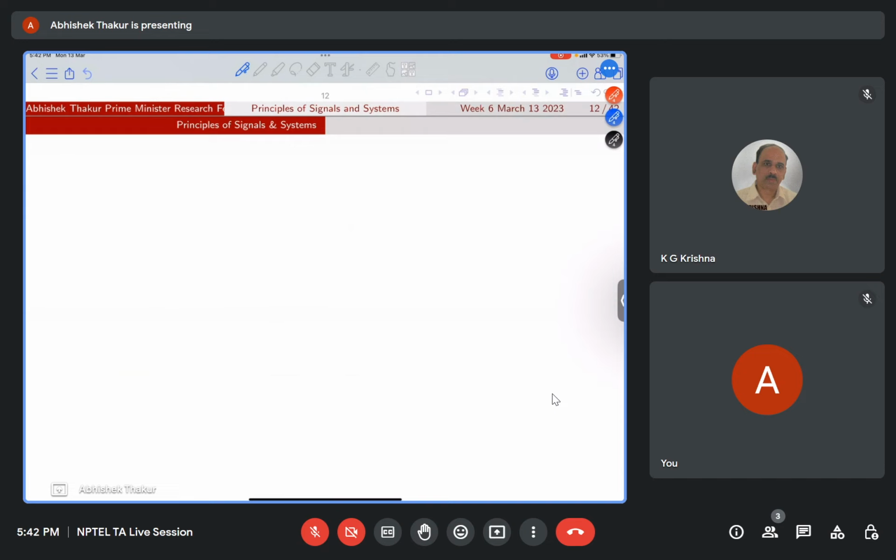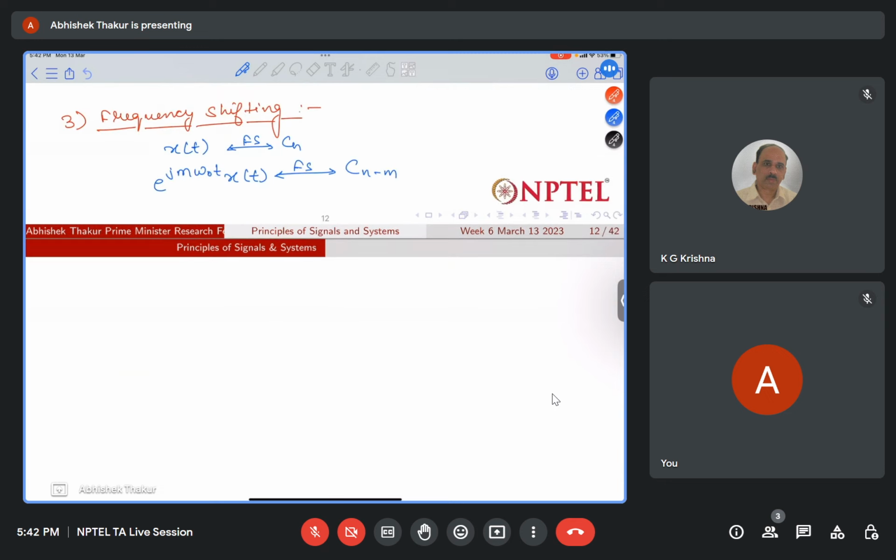Also, we can prove this. The Fourier series coefficient of, let's suppose the signal is e to the power j m omega naught t into xt, is given as 1 by t integration over 0 to t of e to the power j m omega naught t into xt into e to the power of minus j n omega naught t.